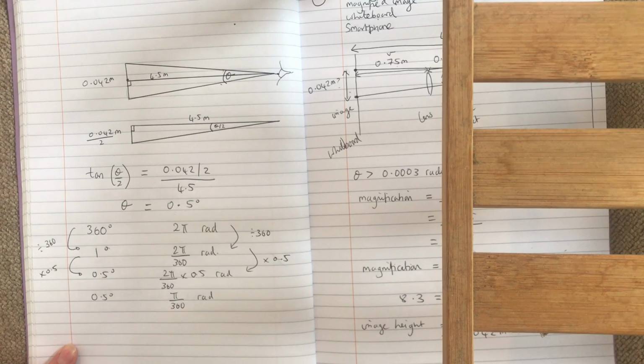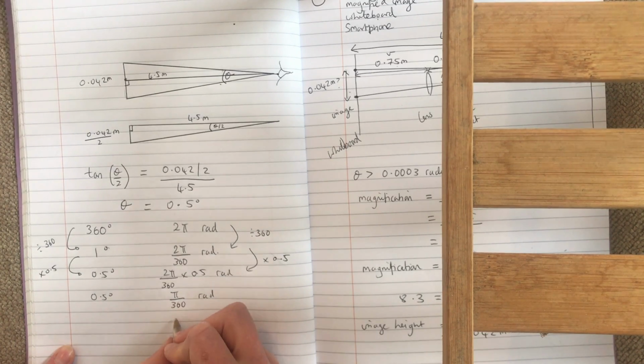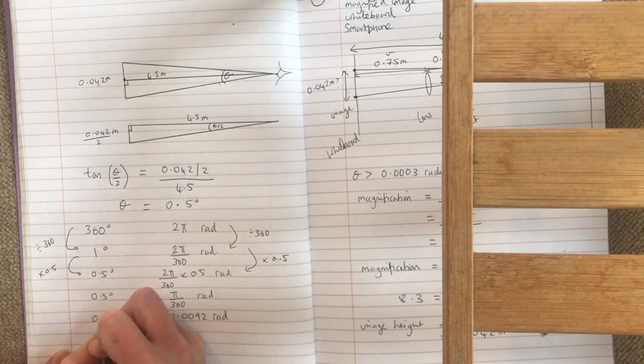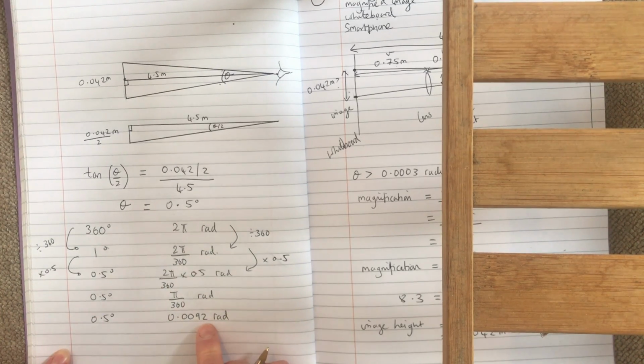If you put that in your calculator you will get an answer of 0.0092 radians. So 0.5 degrees is 0.0092 radians.